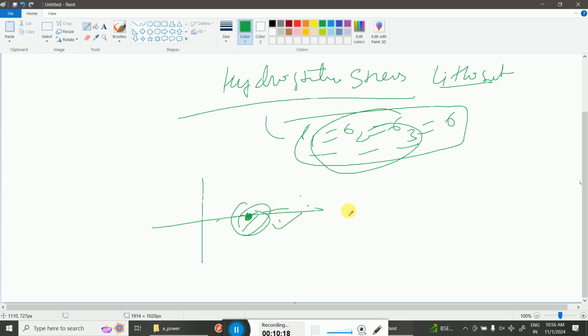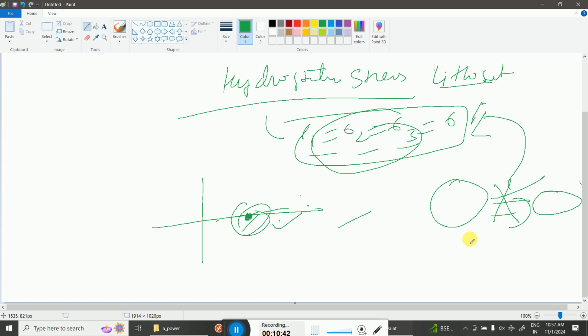Now what is the significance of this hydrostatic pressure? Hydrostatic pressure or stress does not change the shape of the object. Suppose this is a circle; changing it to an oblate or ellipse cannot be done by hydrostatic pressure.